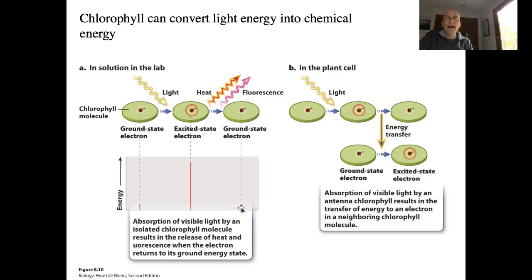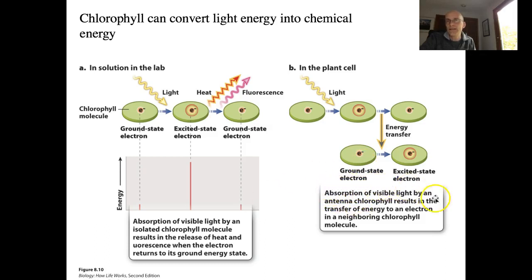So now enter the plant cell, and the chlorophyll in the plant cell together with all the other molecules around it. There, when the light strikes it, this energy is not simply absorbed and then released as heat or fluorescence. It is released as chemical energy.